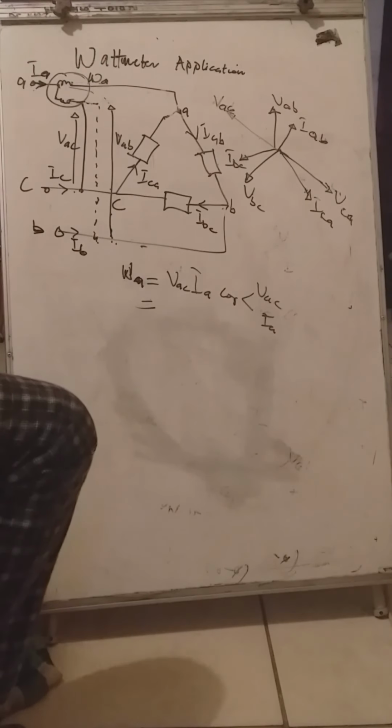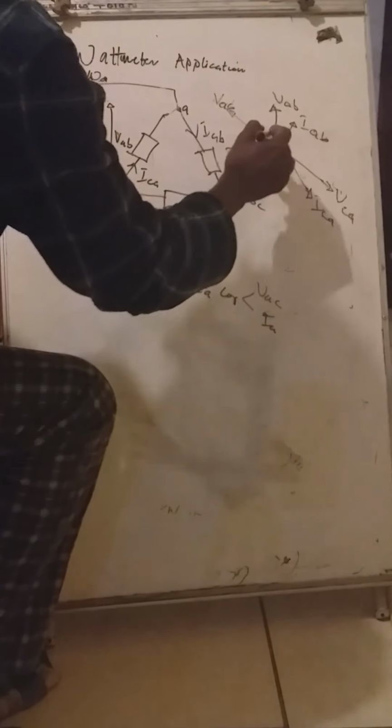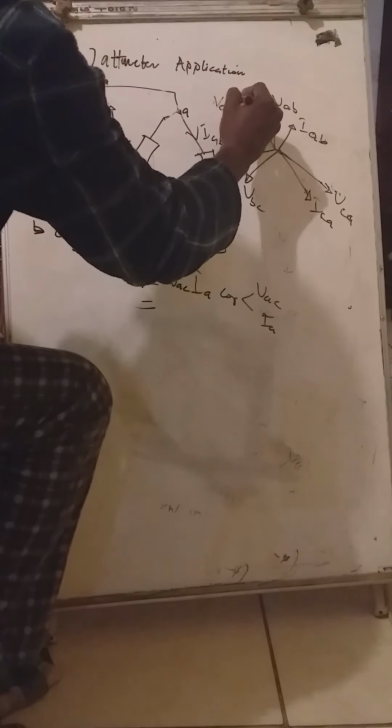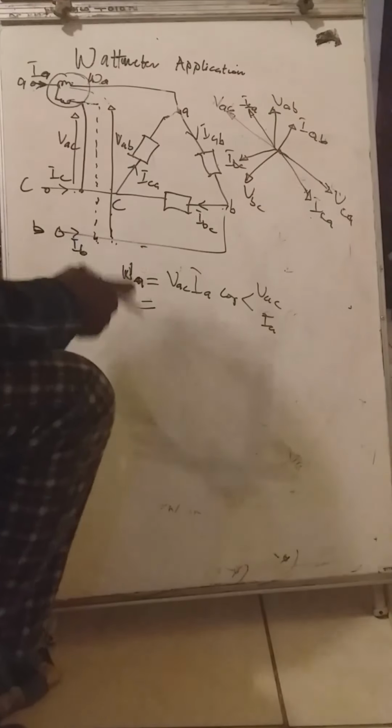And if that is our VAC, we are looking out for IA. Let's not forget that we determined our IA using minus ICA.